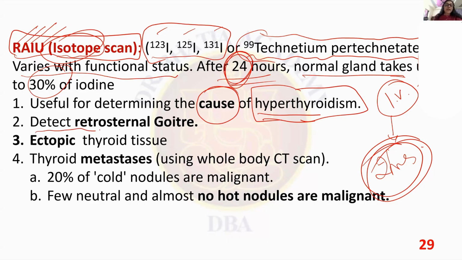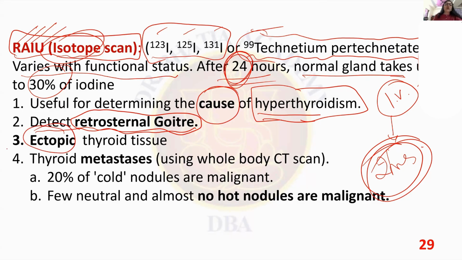They are also used to detect retrosternal goiters. So sometimes the goiters, the thyroid gland, enlarges and it reaches behind the sternum. So it grows behind the sternum, and to find out the retrosternal goiter, you need a technetium pertechnetate scan.